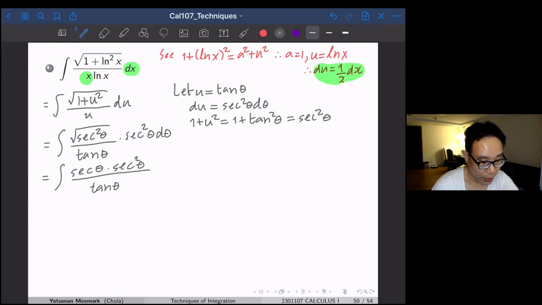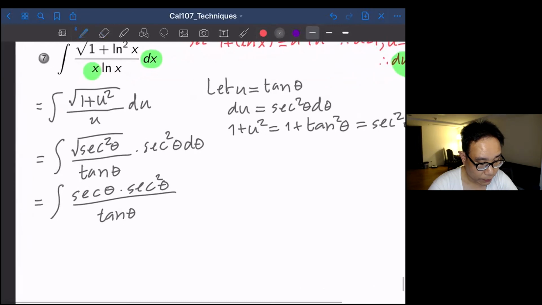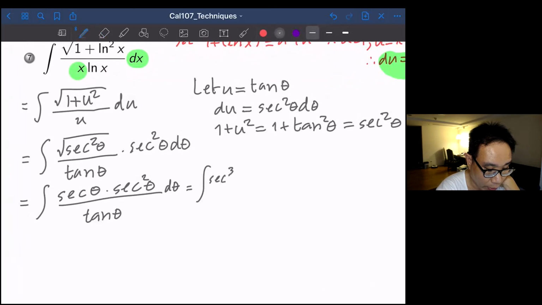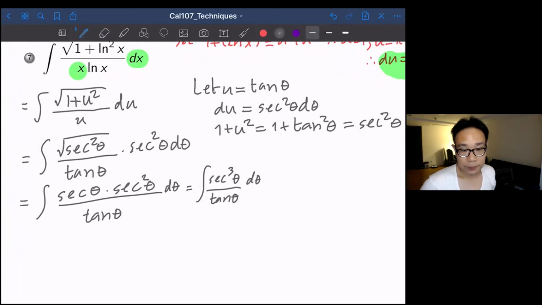Let me combine this a little bit. This will become the integral of secant to the third theta over tan theta d theta. So it's not going to fall into the secant-tan form that we have been studying.